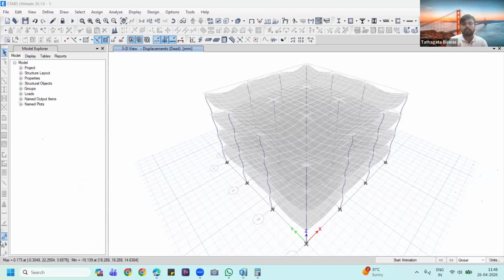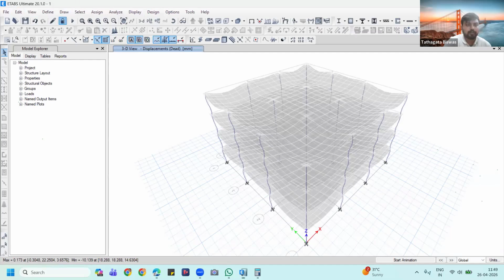In the static one, all the forces and responses are distributed equally. It is not like that in dynamic response spectrum analysis. There will be a spectrum of responses, and whatever the maximum response is, based upon that, it will give you the forces and the values.